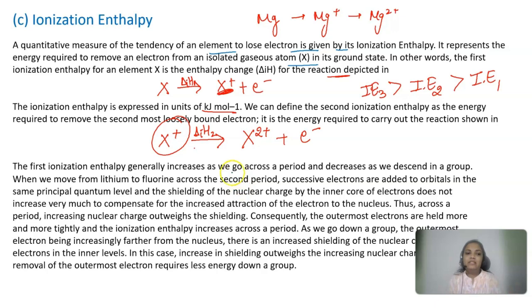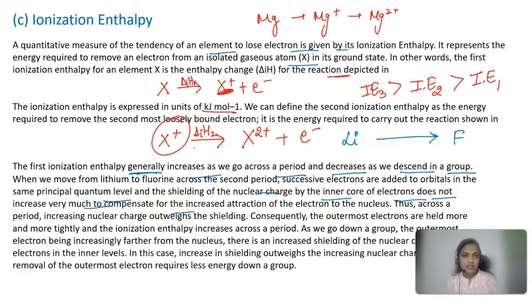So the ionization enthalpy generally increases as we go across a period and decreases as we descend in a group. Now why? When we are moving from lithium to fluorine in the second period, successive electrons are added to the same shell, the same principal quantum level, and shielding of the nuclear charge by inner core electrons does not increase very much.